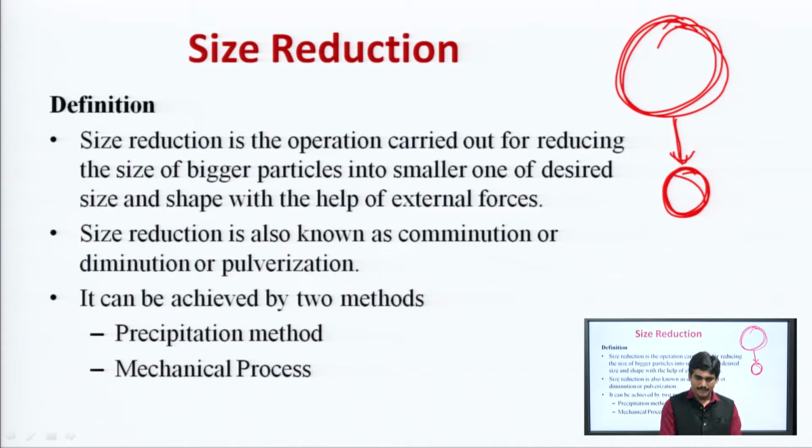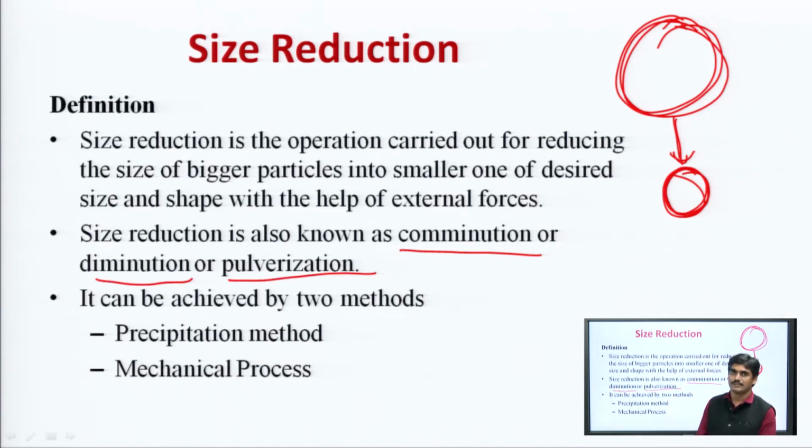So, size reduction is also called comminution or diminution or pulverization. These are the three terms which can be alternatively used for size reduction. It can be achieved by two methods, one is the precipitation method and another one is the mechanical process.